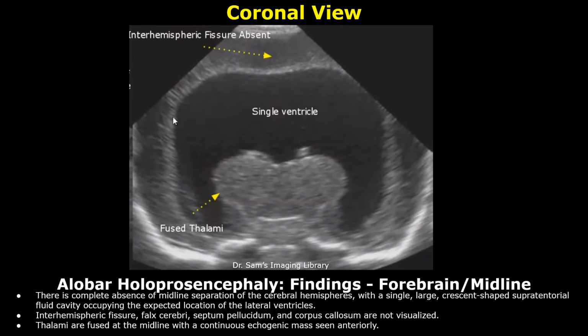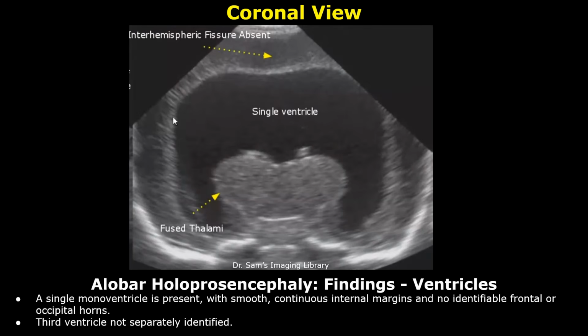Thalami are fused at the midline with a continuous echogenic mass seen anteriorly. A single monoventricle is present, with smooth, continuous internal margins and no identifiable frontal or occipital horns. Third ventricle not separately identified.